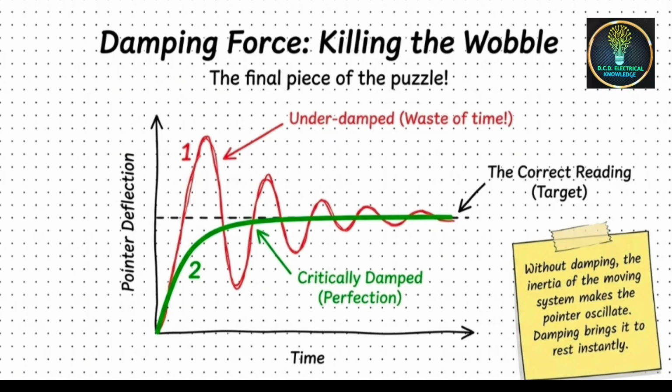One represents underdamped, a waste of time. Two represents critically damped, that is perfection. It also shows the correct reading target.